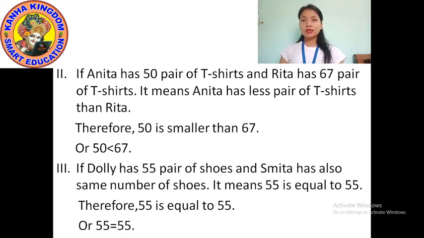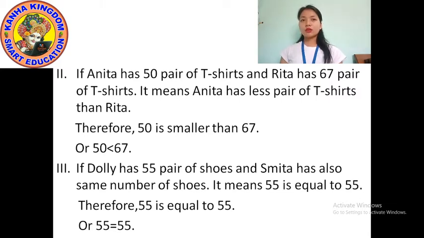Okay, now see the last line of example 3. See, 55 equals 55. I write one symbol. That means it reads as "is equal to." It symbolizes "is equal to." This is the symbol of equal to.